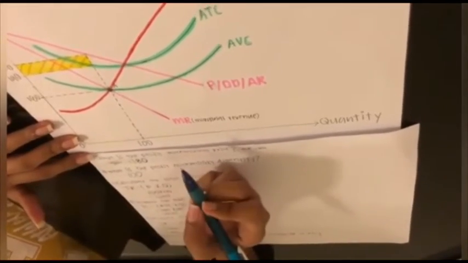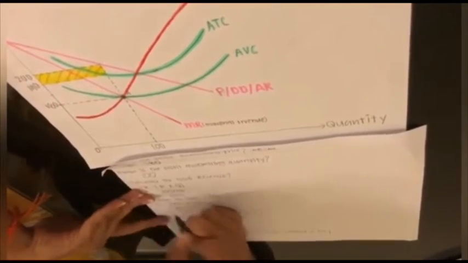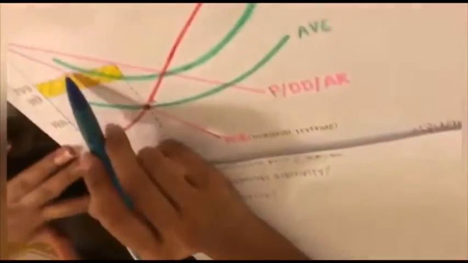Then the next question is calculate the total cost. The total cost formula is ATC times Q. Where is the ATC line?